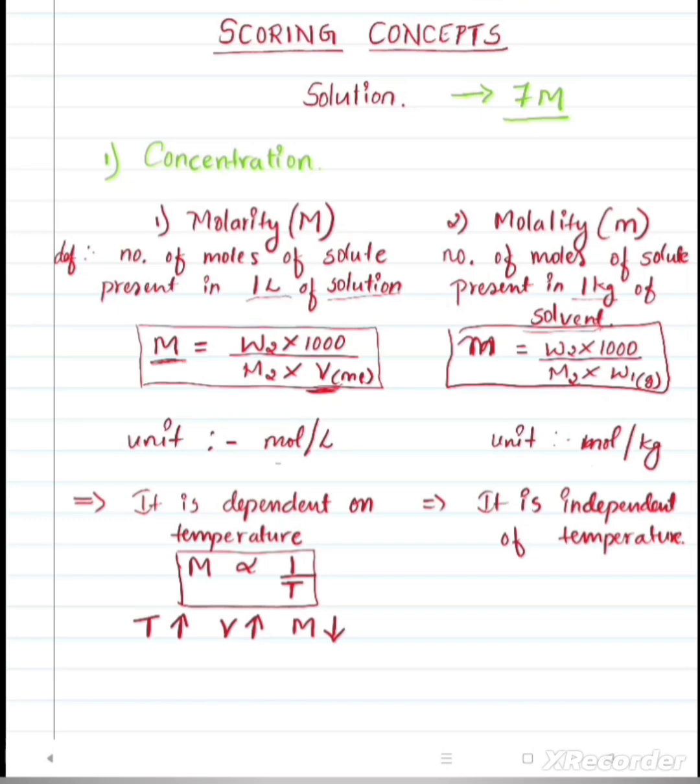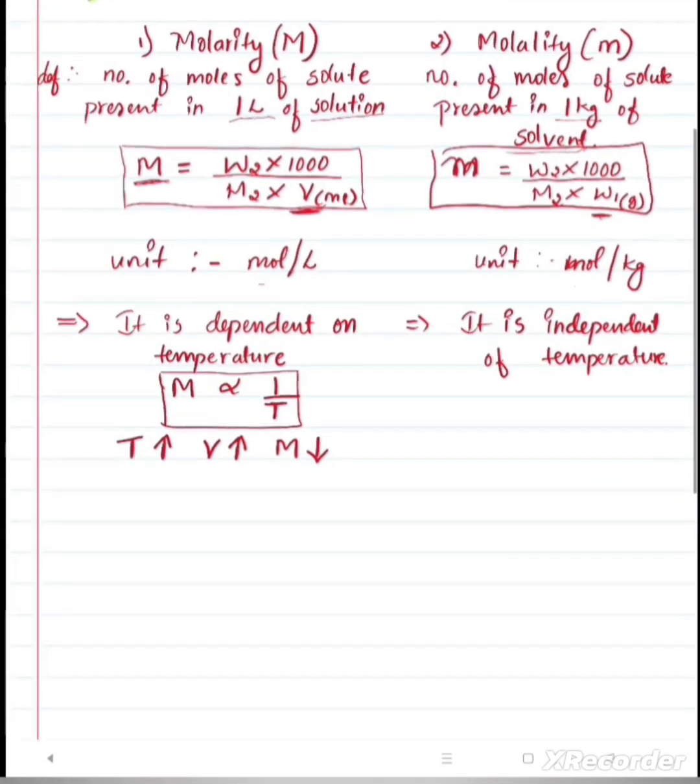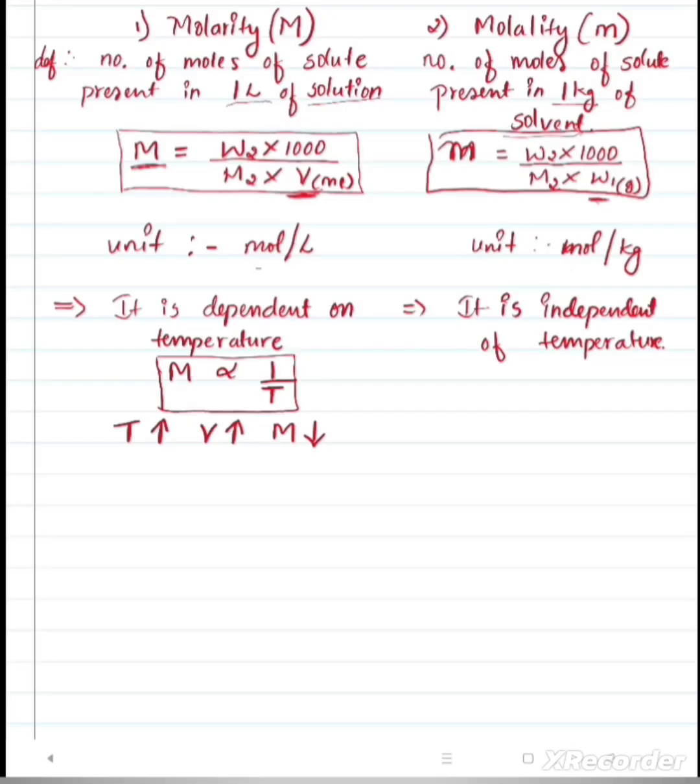Because molality is related to mass, and mass does not change with temperature. That's why molality also does not change with temperature. Understood? So they may ask the definition of molarity or molality, the formula and unit, and whether it depends on temperature or not.